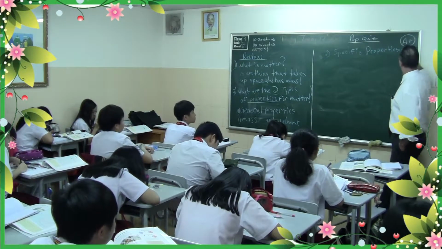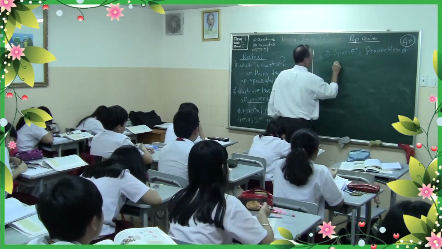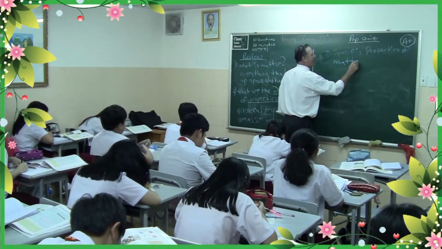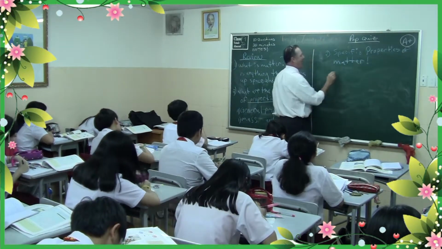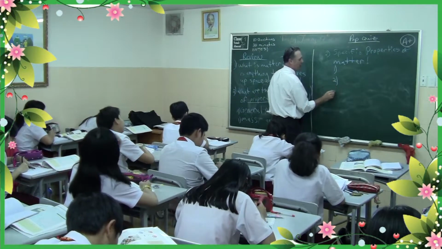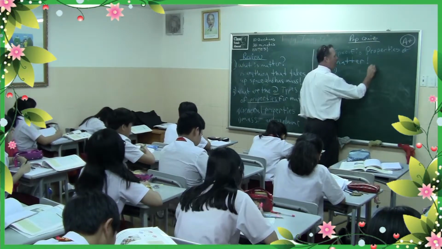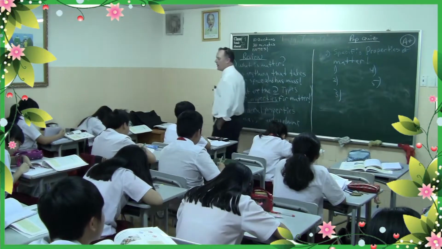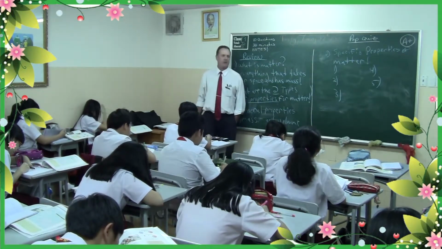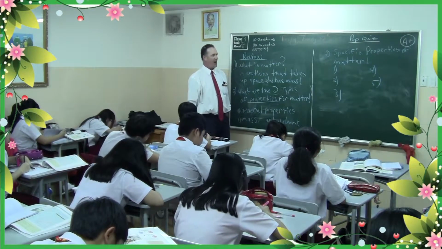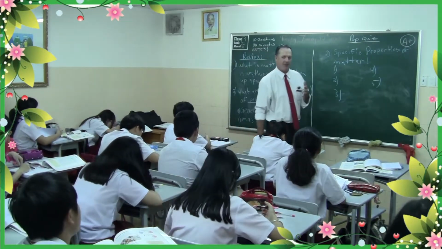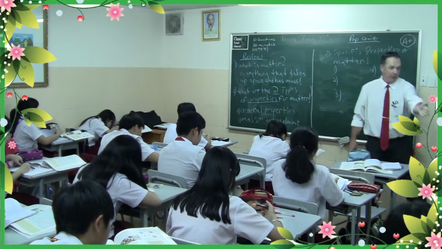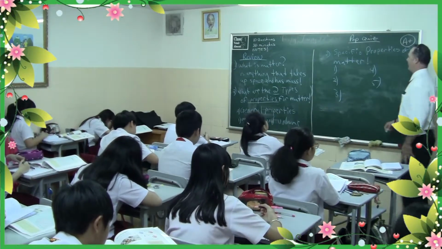Of matter. Now there's how many of these? Five. All right. So what are some of the specific properties of matter? Give me one. Shape.